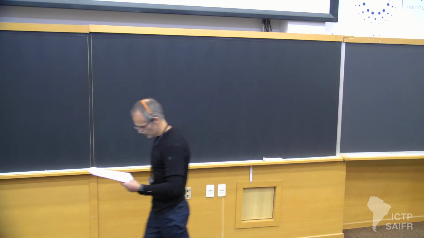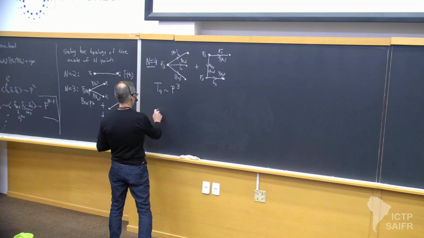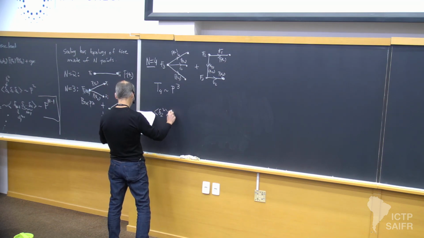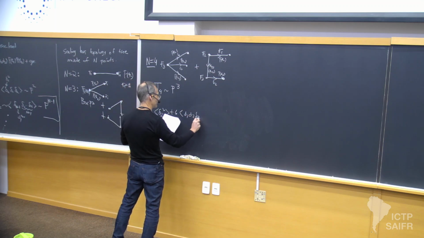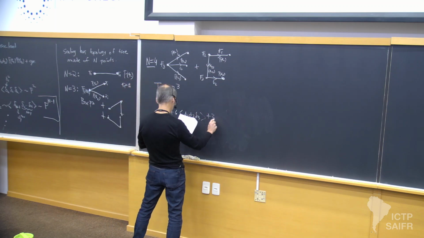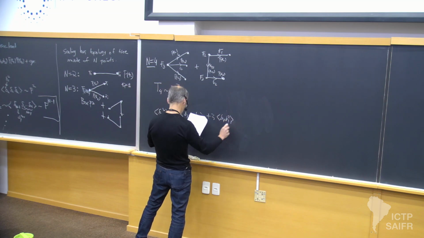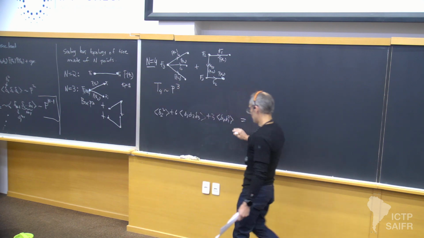Okay, so it's too bad I erased. Well, today's a new day, so what I wrote yesterday, remember I have this thing for the bispectrum. You probably have this somewhere in your notes.